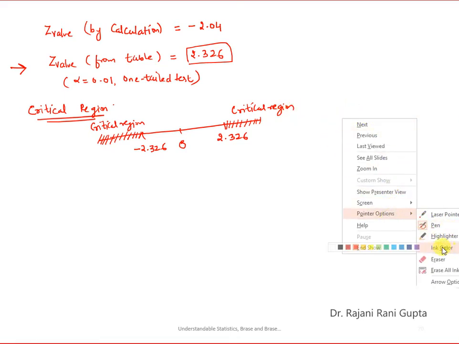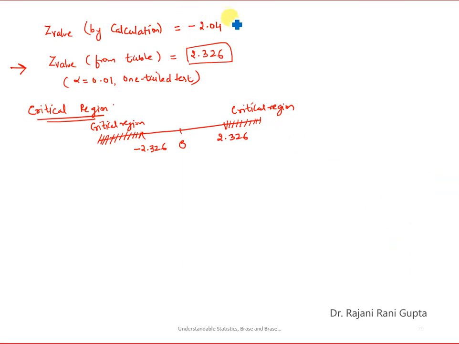Now we need to check where our calculated value lies: minus 2.04. Does it lie in the critical region or not? If you plot it, it will come somewhere here, minus 2.04.